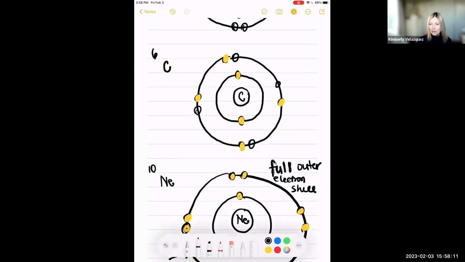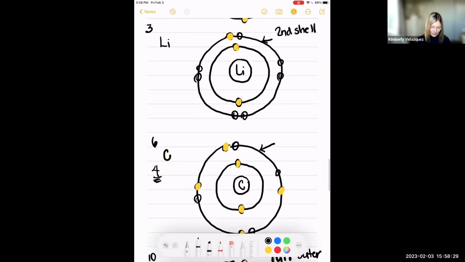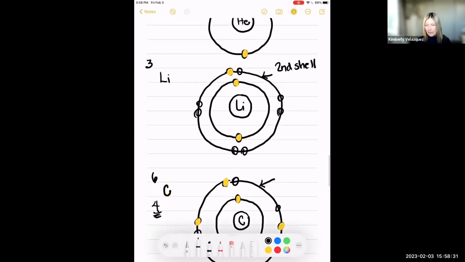Let's look at carbon. What's the outermost shell for carbon? It would be this one, the second shell. And how many electrons are in that outer shell? 1, 2, 3, 4. So 4 electrons in the outer shell for carbon. How about lithium?